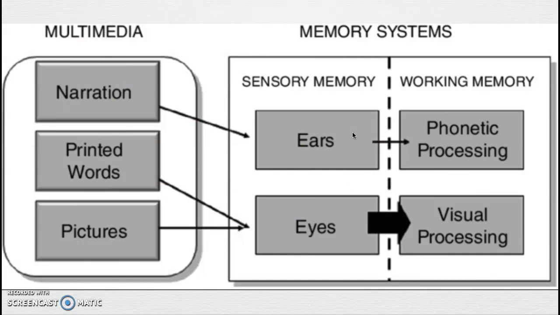This would cut down the overload, and the learner would be able to engage in appropriate cognitive processing, which concludes that the learner would learn better with omitting on-screen text rather than adding on-screen text to the presentation slides.